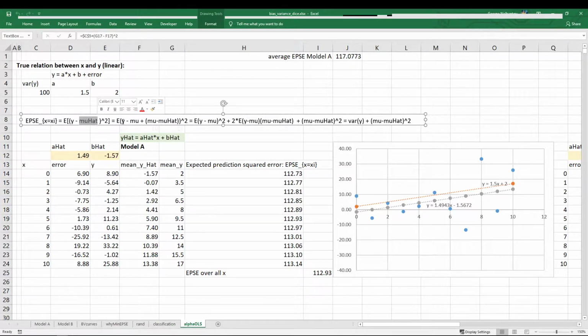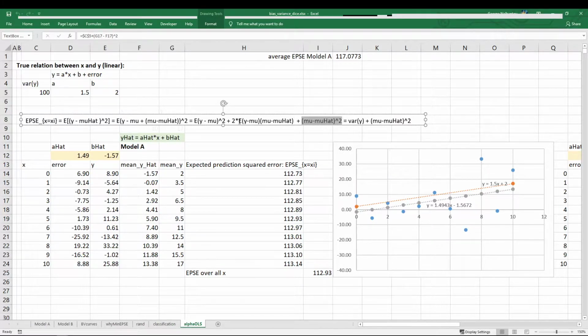And this can be decomposed: we just add and subtract mu from it, and then this is equal to the variance of y plus this term, plus mu minus mu hat.